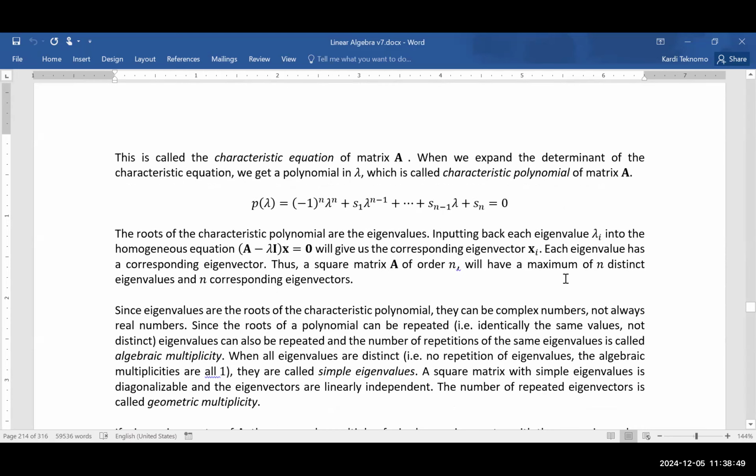If you have a square matrix of order n, then at maximum you will have n distinct eigenvalues and the corresponding eigenvectors. Remember, eigenvalues are the roots of the characteristic polynomial. Because they are roots of a polynomial, they can be complex numbers or real numbers, and they can be repeated, meaning the same values, not distinct.